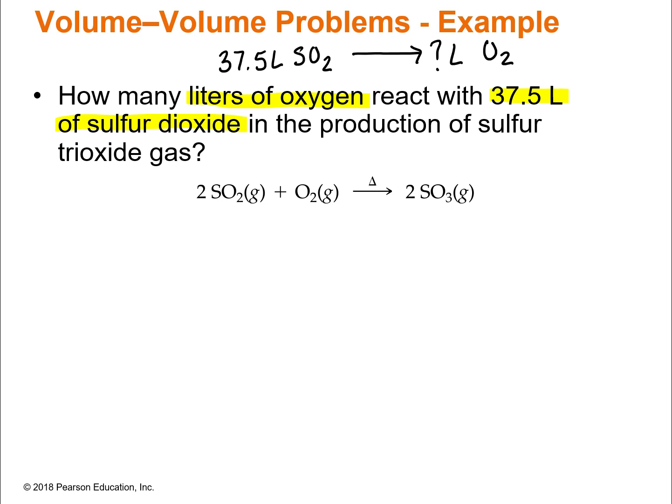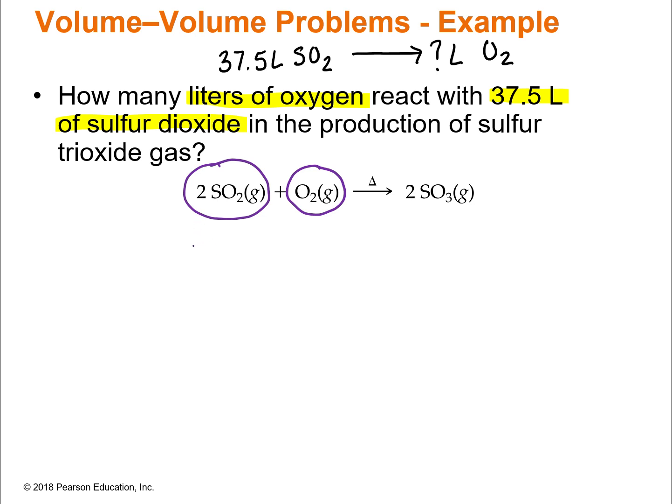When we're doing volume to volume, we only have to write a mole ratio. But instead of using moles, you can use volume in liters. So if we're looking at the relationship between sulfur dioxide and oxygen gas, then we can write two relationships here.